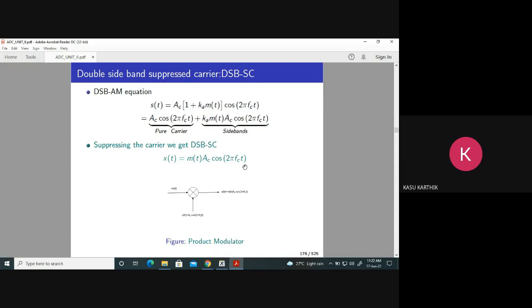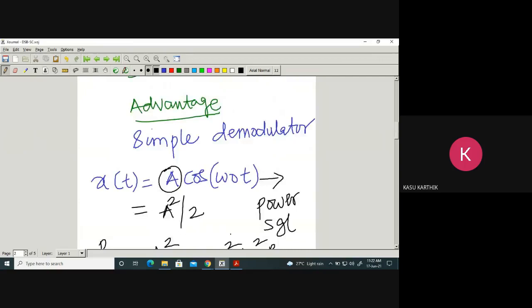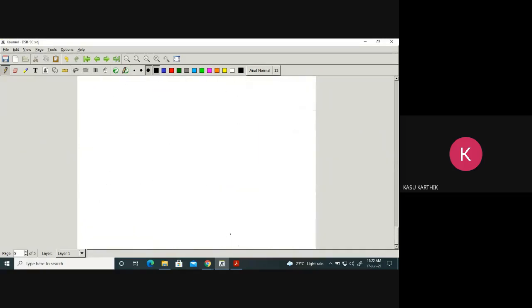Just multiply two things: the message and the carrier. Just an analog multiplier. So that is called double sideband suppressed carrier. Double sidebands are transmitted, the carrier is suppressed.